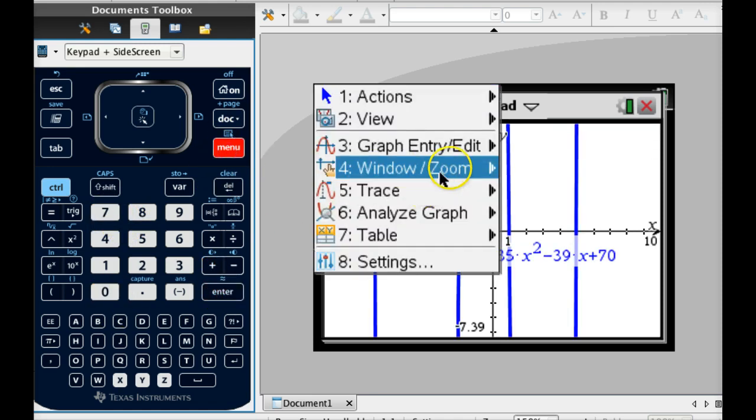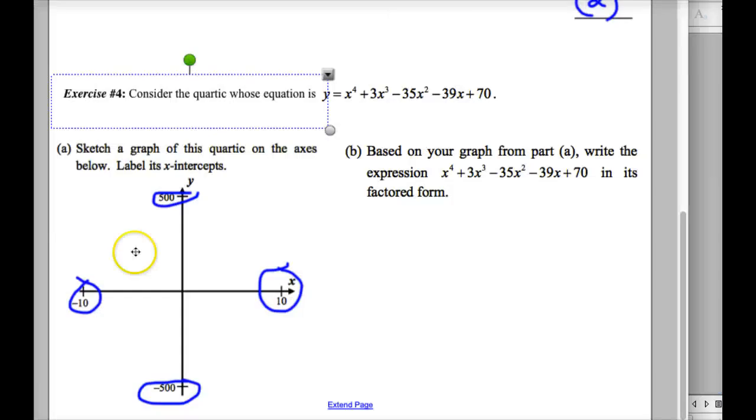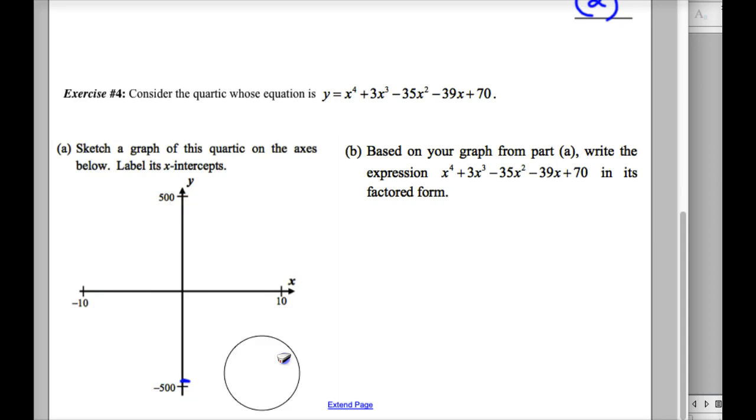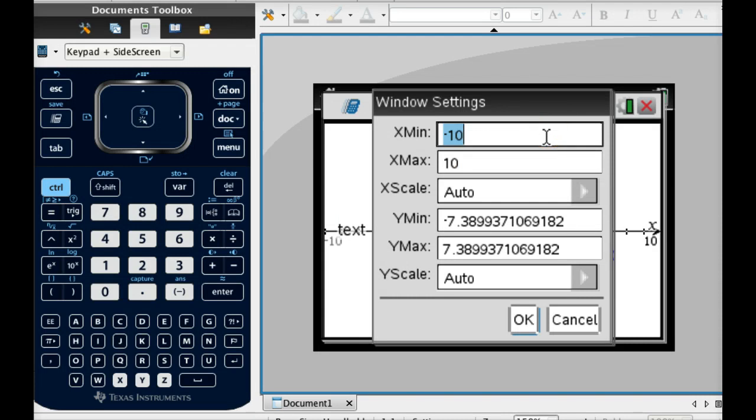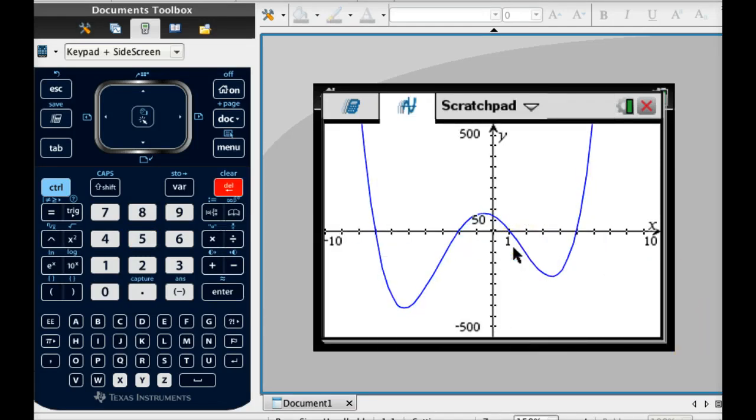But remember, we have to set our window settings. And look at this. Remember what I showed you? We need to go from negative 10 to positive 10, and then negative 500 to positive 500, which is already set. Hit OK. So this is the graph.